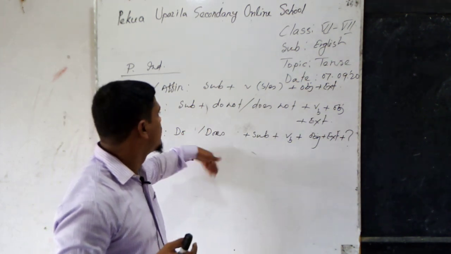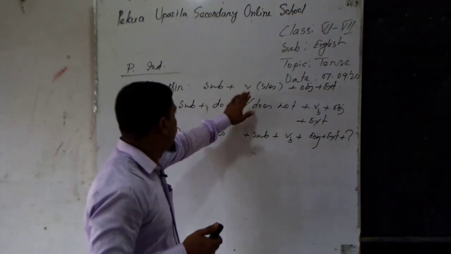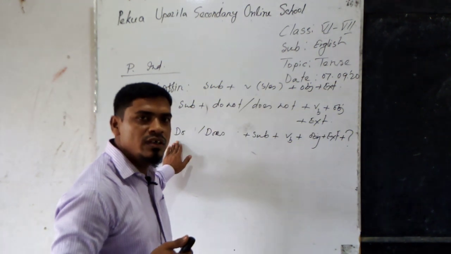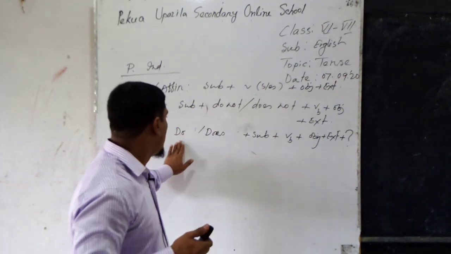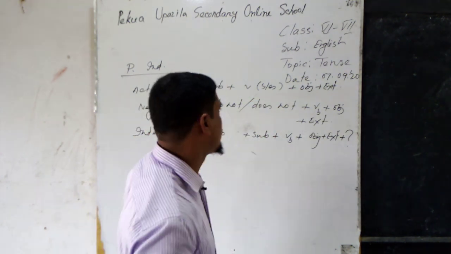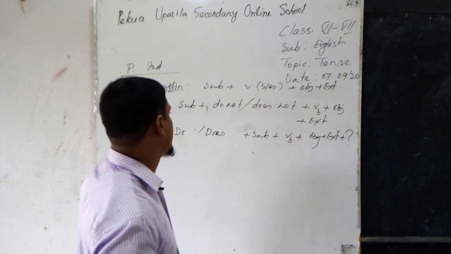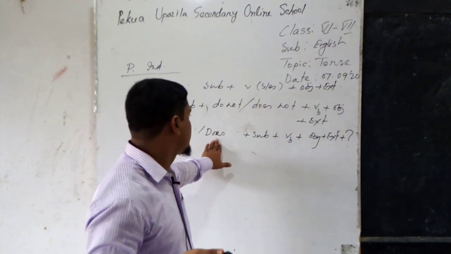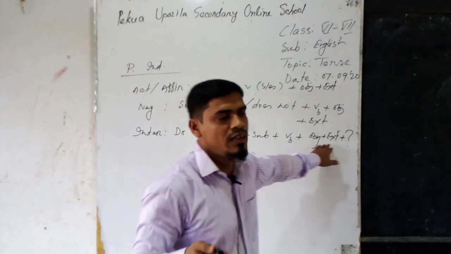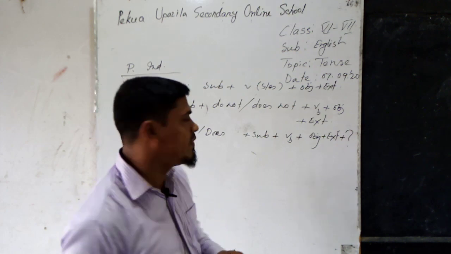Of course, when the verb is base form, we use do, or does when the verb is third person singular number or the verb has s or es. Do or does, subject plus verb base form plus object plus extension. This is called the interrogative structure of present indefinite tense.